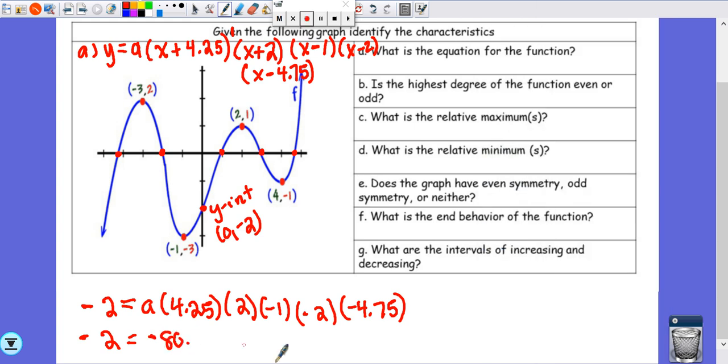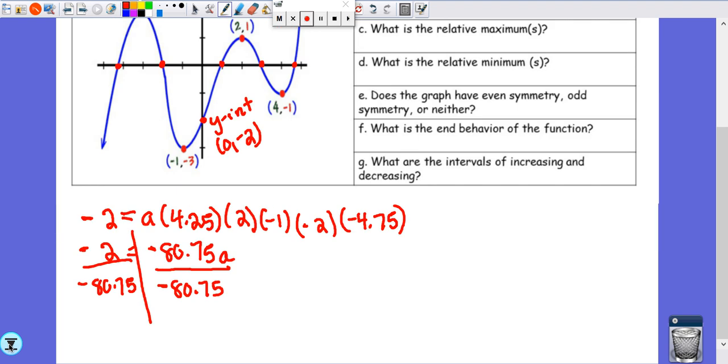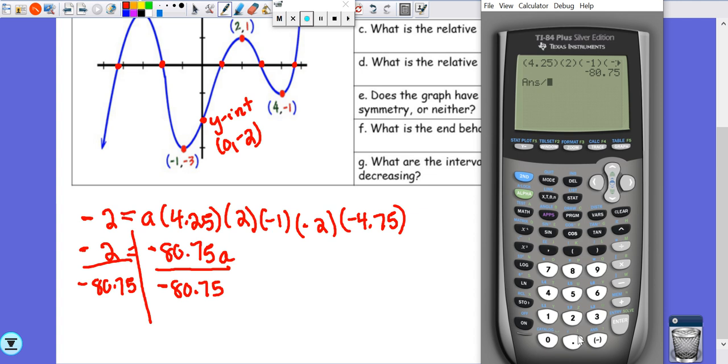Negative 80.75 times A. And then I'm going to divide by negative 80.75 to get the value of A. So I get negative 2 divided by negative 80.75 equals, and I'm going to get the fraction form of that.